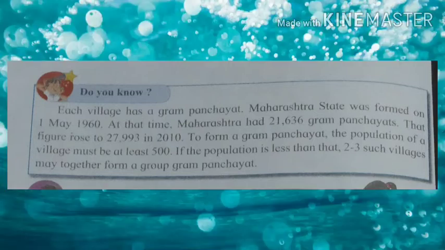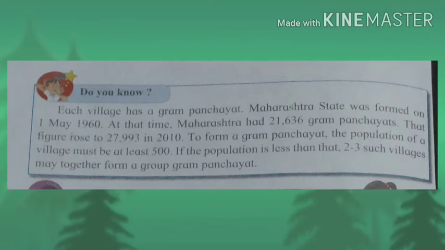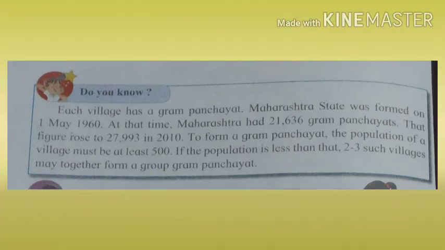That figure rose to 27,993 in 2010. To form a Gram Panchayat, the population of a village must be at least 500. If the population is less, two or three such villages may meet together to form a group Gram Panchayat.